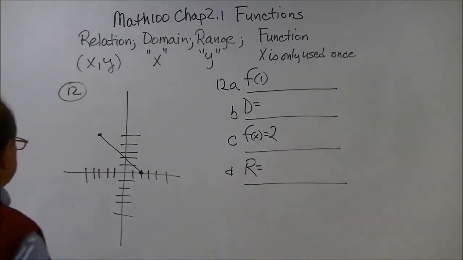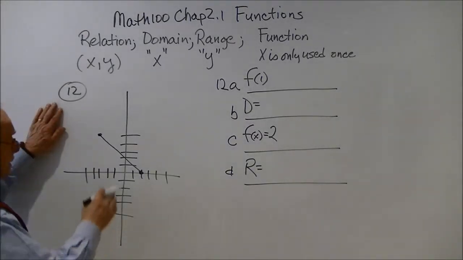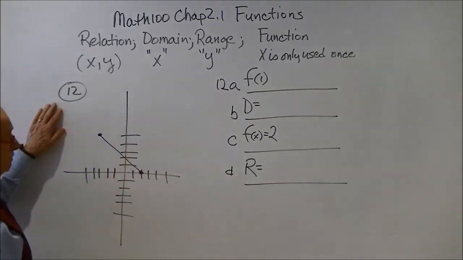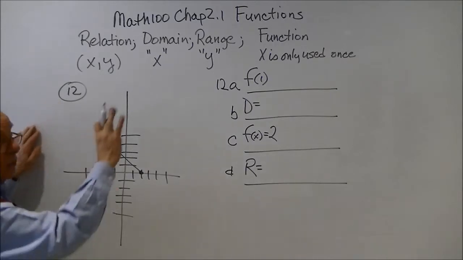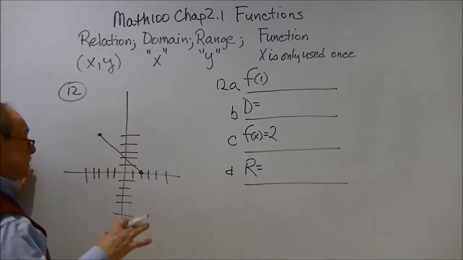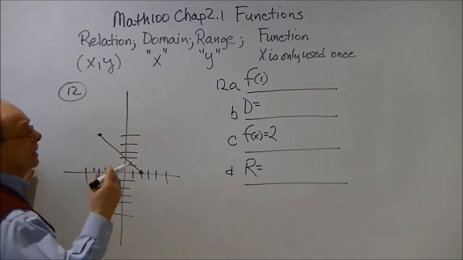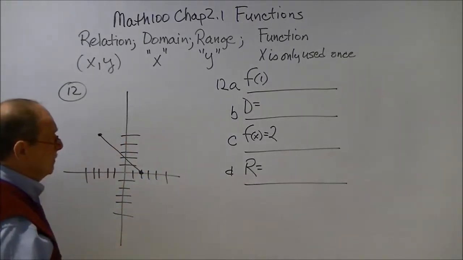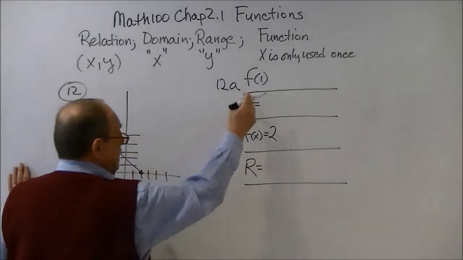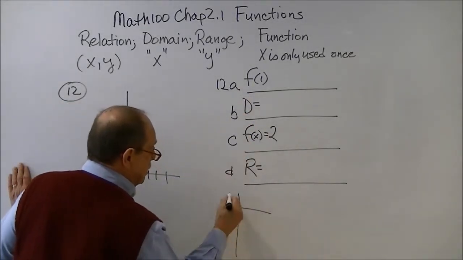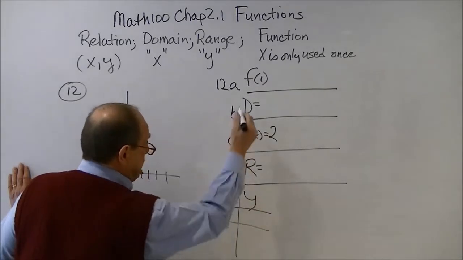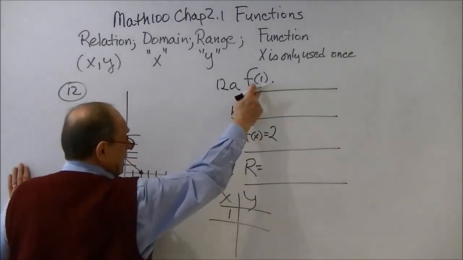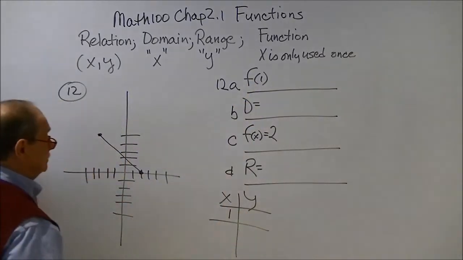Okay, for example 12, it's actually the same questions, but about this graph. So I didn't write the answers in yet. We're going to do this together, and hopefully you may be able to do some input, but let me lead you through it. Now here we're saying, again, the t-chart, if x is 1, what will y be?